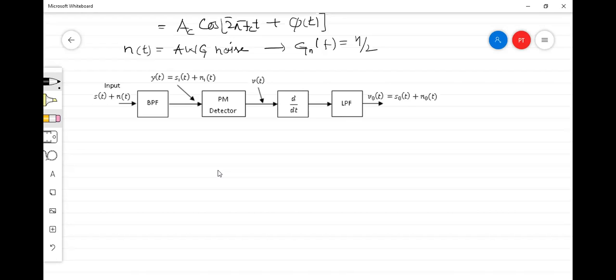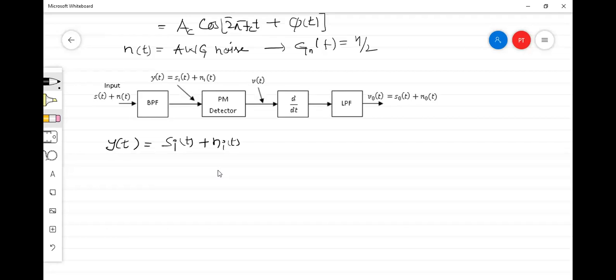So y(t) equals input signal component plus noise component. This noise component is band pass noise.